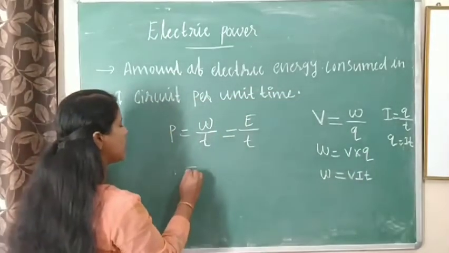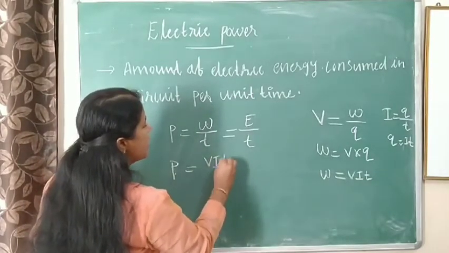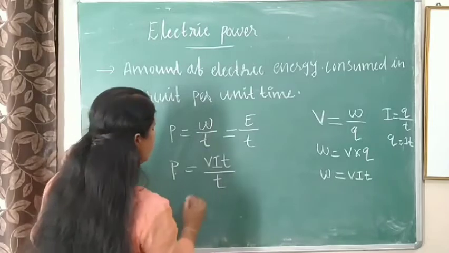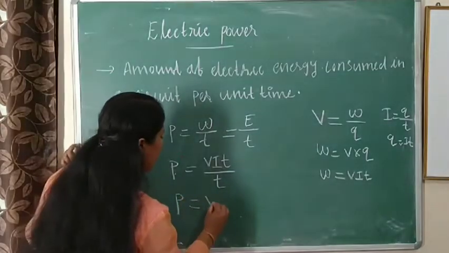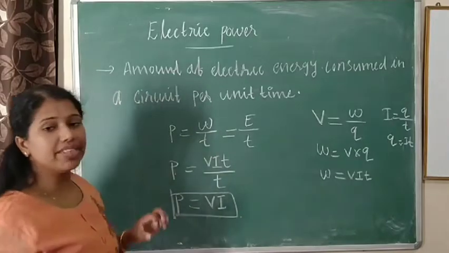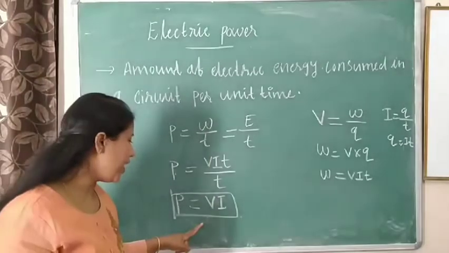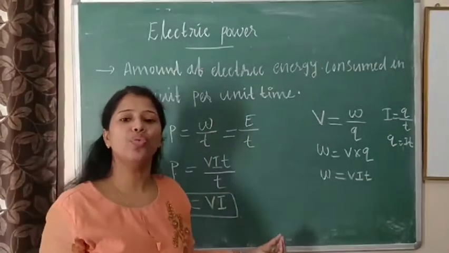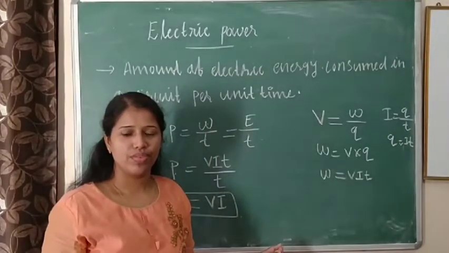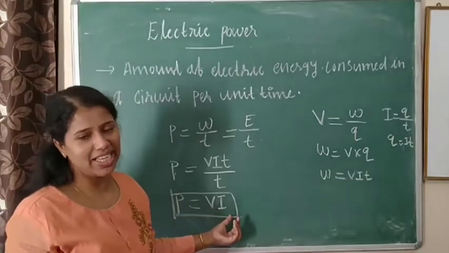Here we can substitute power P is equal to VIT divided by T. Then power P is equal to VI. This is our second equation. First equation, W by T. Second equation, P is equal to VI. V means voltage, I means current.